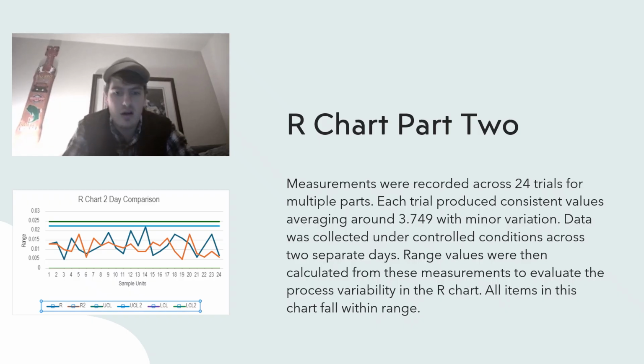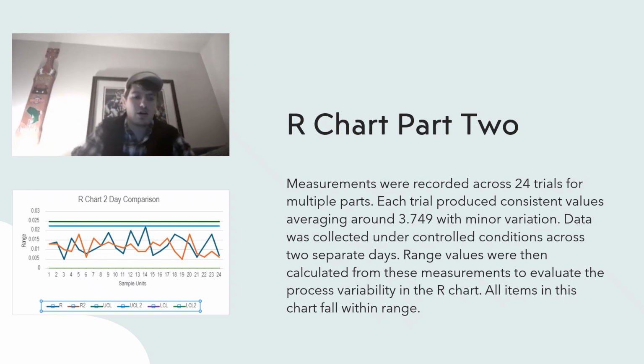And all items in this chart seem to fall within range because our control lines on the top of our staggered data lines show us that they're butting up together, so they're concise, and that's how our control lines need to be together like this.